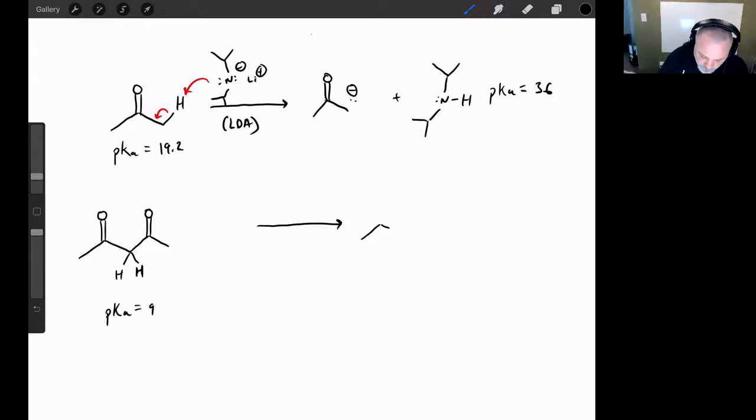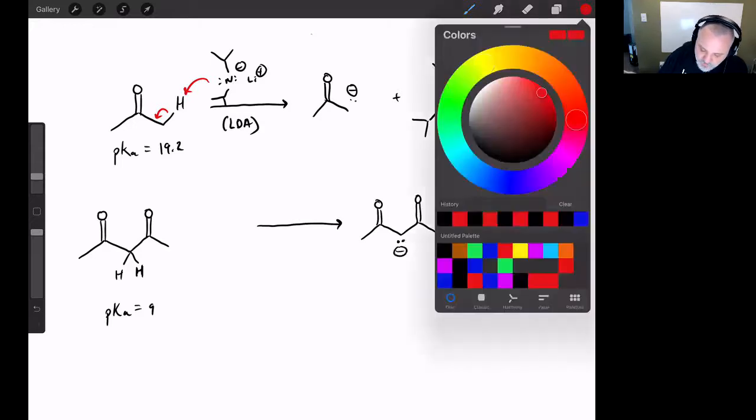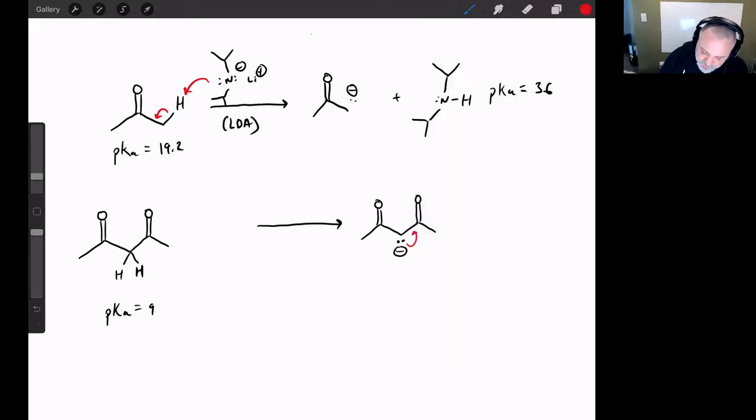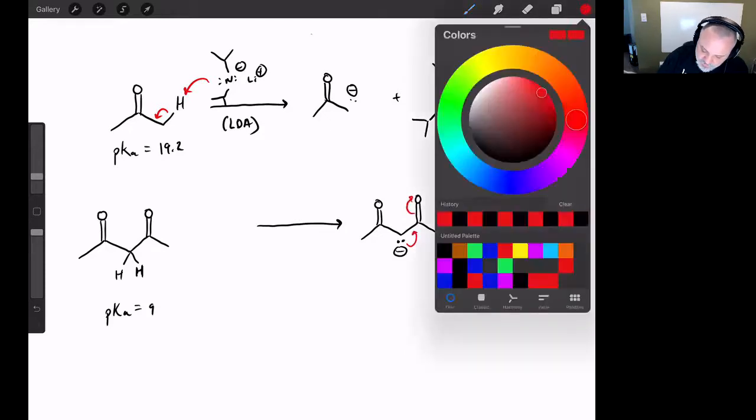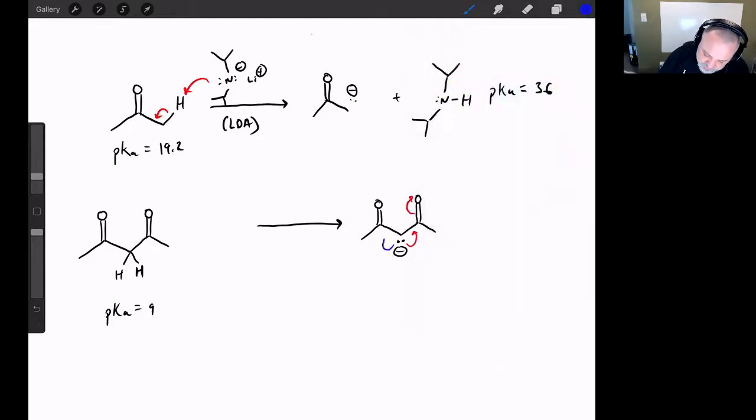And if we think about why that might be, we see that there is resonance stability. But not only is there resonance stability in this direction, I can also show resonance stability in the other direction. And so that leads to a much more acidic proton.